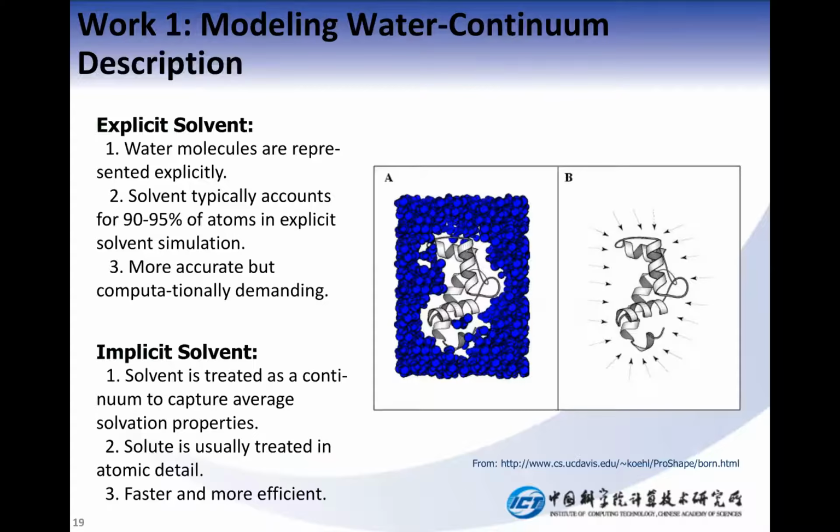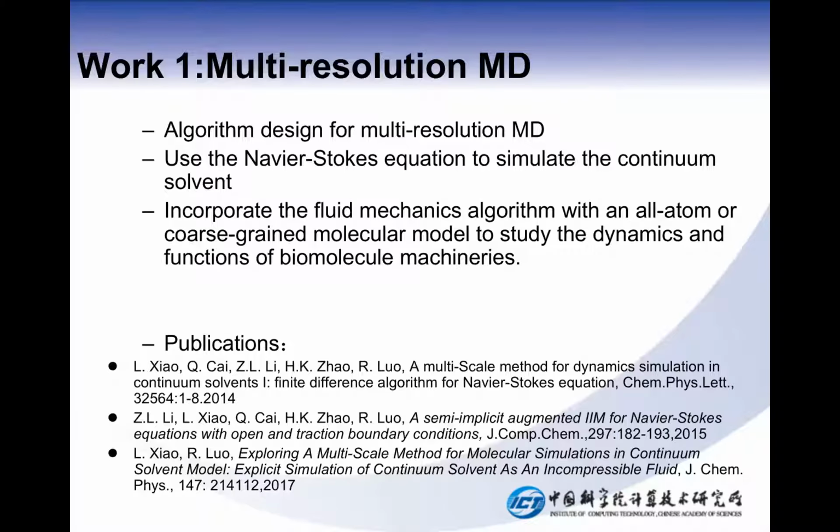Solvent is treated as a continuum to capture the average solvation properties, and the solute is usually treated in atomic detail, which can be much faster and more efficient. Based on the multi-resolution model, we developed the algorithm, and we use the Navier-Stokes equation to simulate the continuum solvent, and then incorporate the fluid mechanics algorithm with an all-atom model to study the dynamics of biomolecular systems.